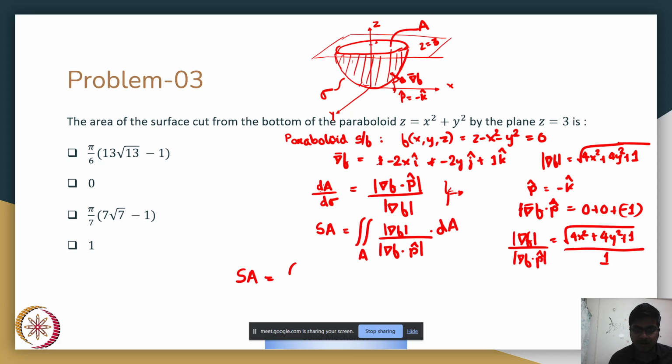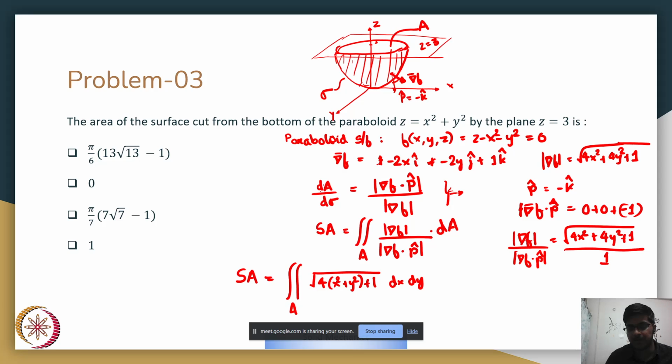on 1. So my surface area is nothing but integral over projection area A of root of 4 times x square plus y square plus 1 times dx dy. If I look at my projection area A, I can see that it's a circle.